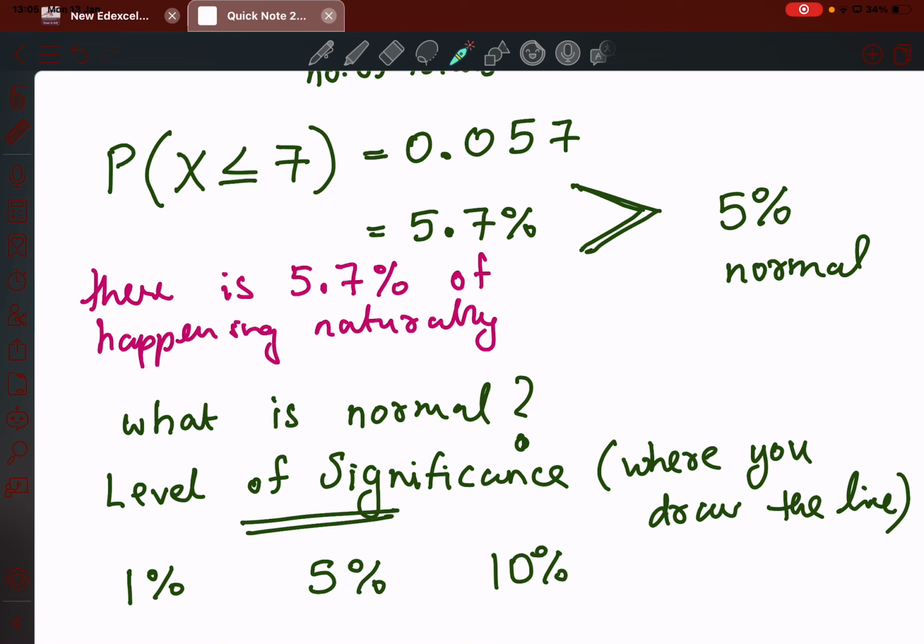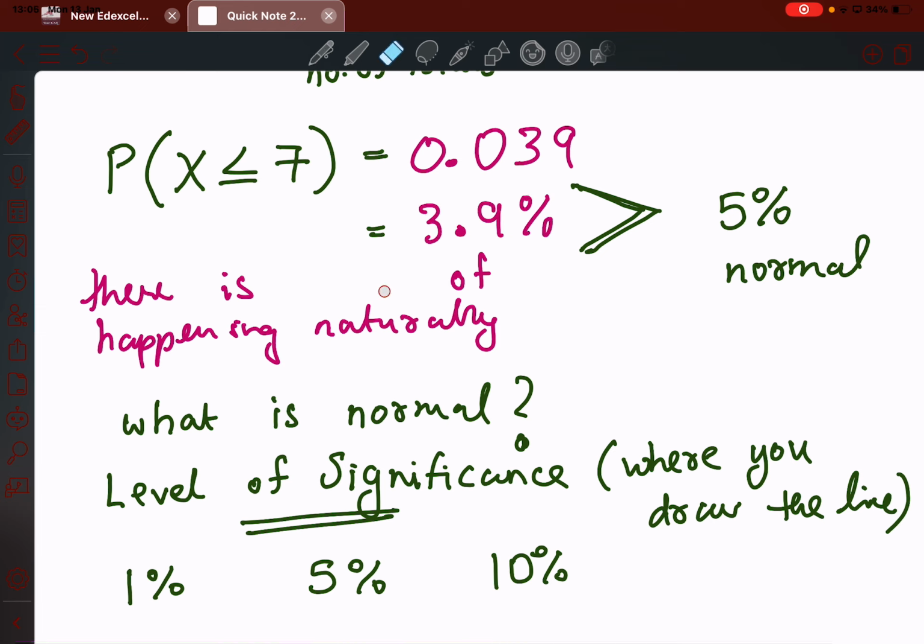And according to you, 5% is normal. And what you've got is more than 5%. So what Mr. Thomas is saying might be true. But let's say instead of 5%, you got the answer as 0.039, which is in fact 3.9%.